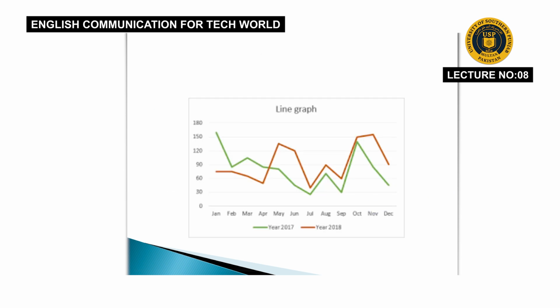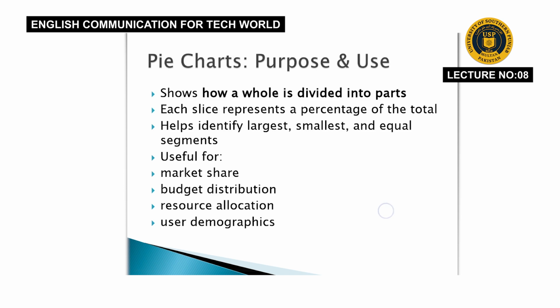As you can see in this picture, this is a demonstration of a line graph. There are two lines which are showing some variation. By using comparative analysis, you can see what these lines are actually depicting.